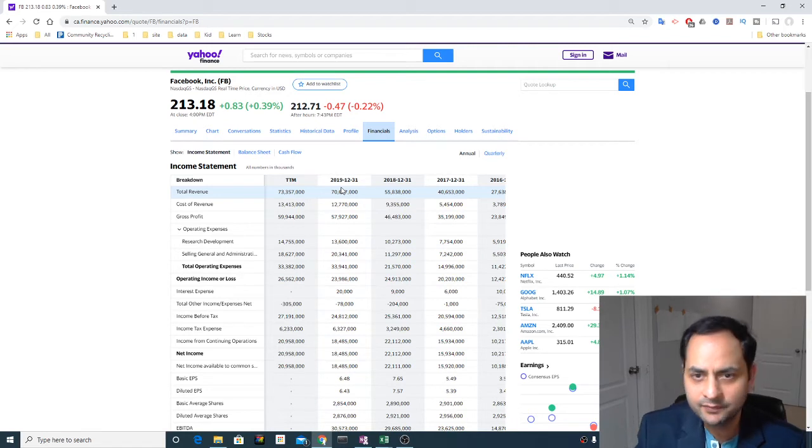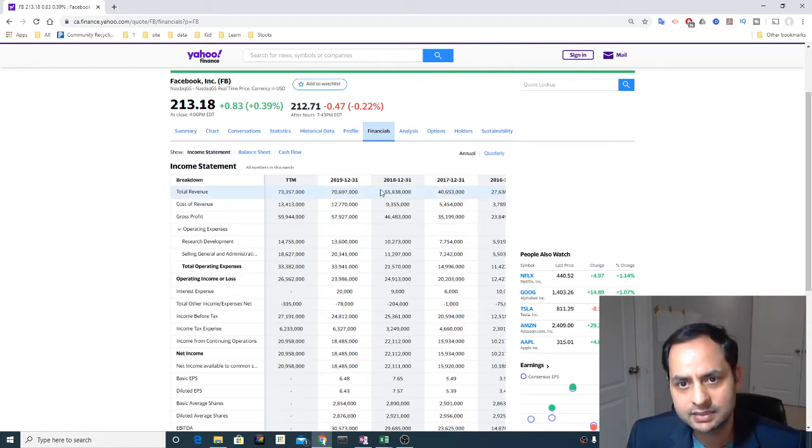We see how the trend is following: is it going upward, going down, or been flat? Here we clearly see the trend is going upward, from 27 to 40 billion to 55 to 70 billion. So it's doing very well in terms of revenue increase.